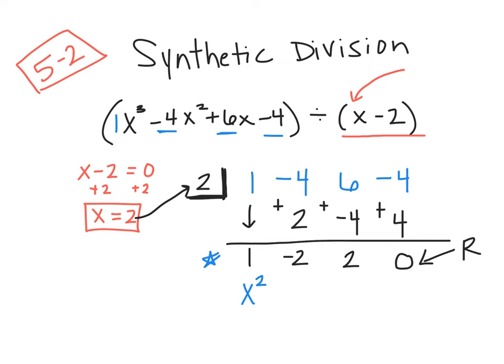And then we're just going to go down in standard form from there. So minus 2x plus 2. So again, we started with a 3 in our problem, so we're going to take it down 1 degree and start with 2 here. So we have 1x squared minus 2x plus 2. So this is our answer.